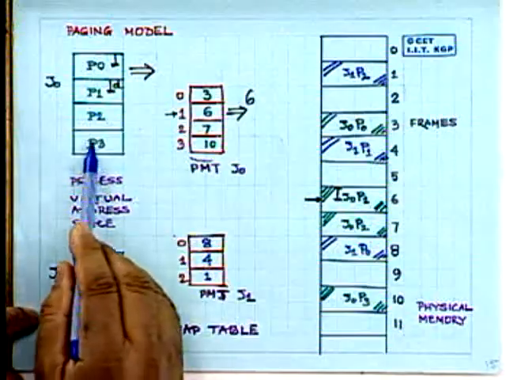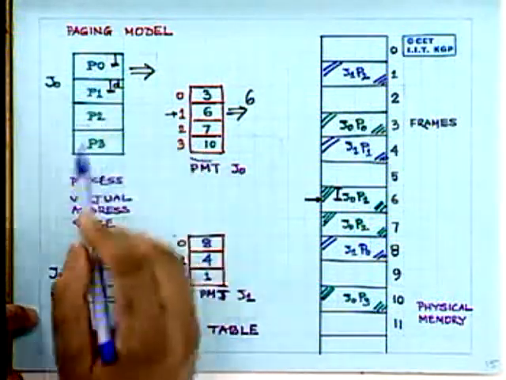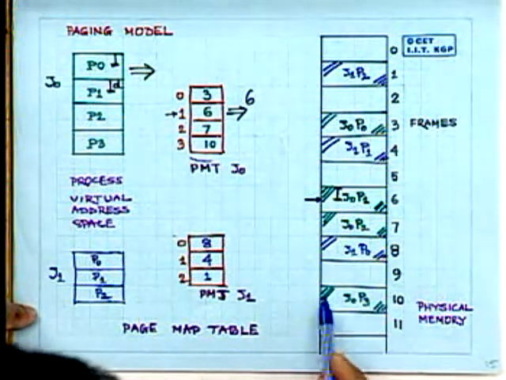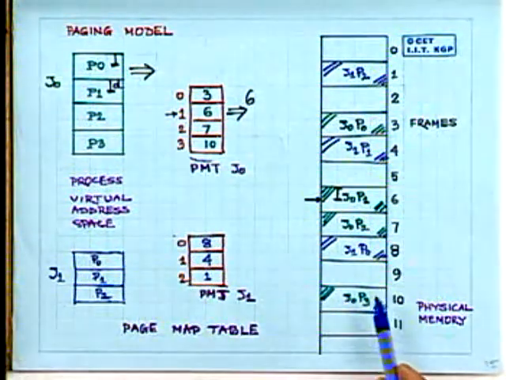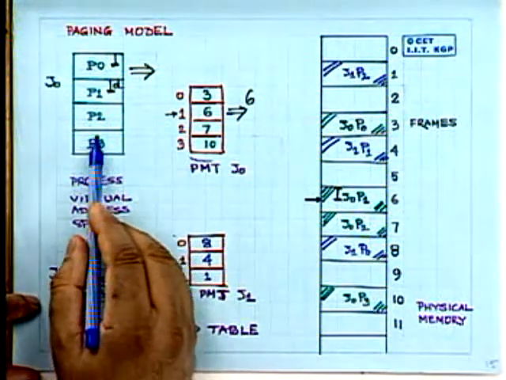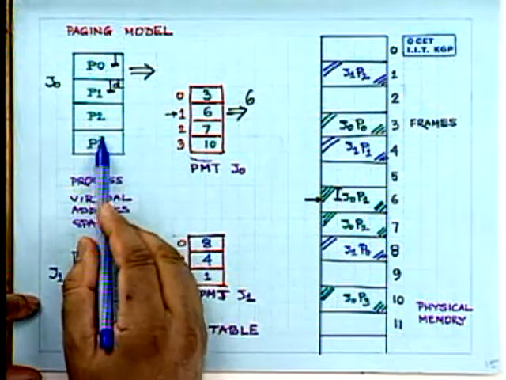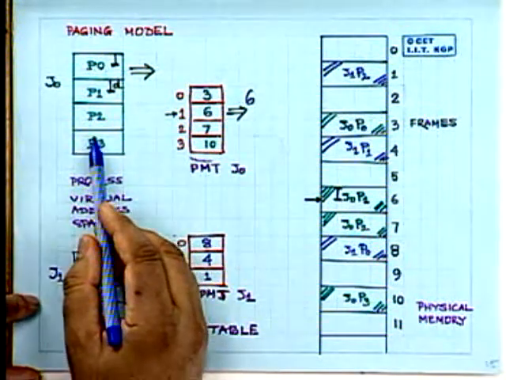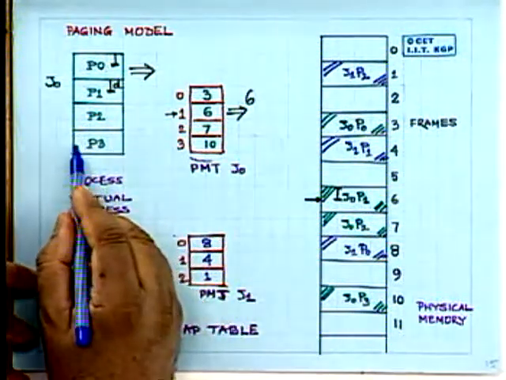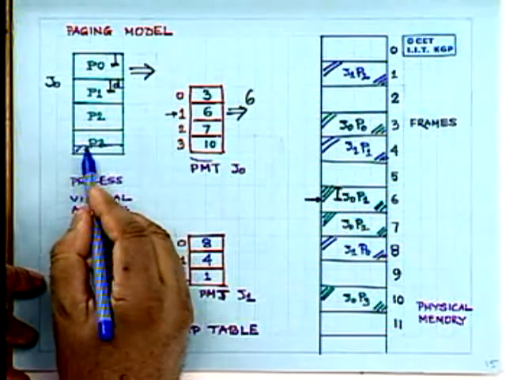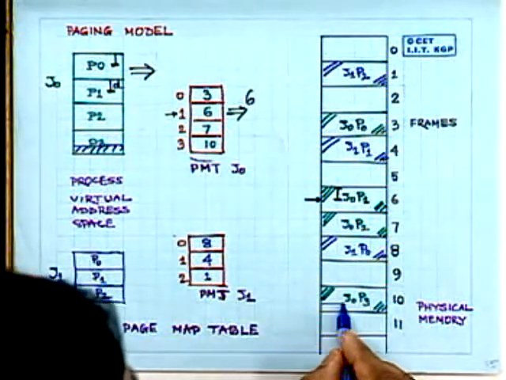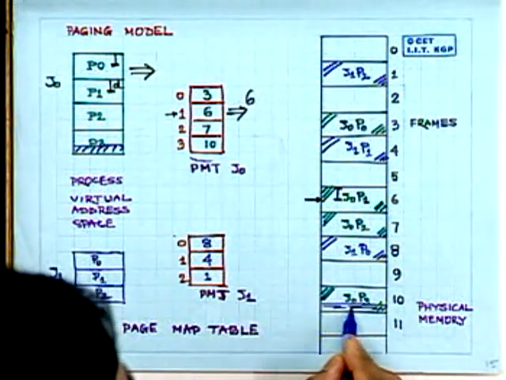For this job J0, P3 is the last page. I have assumed here that P3 has occupied the entire frame, but naturally it will not be occupying the entire frame. If it's a 4K page, the last page can be anything starting from, say, 1 byte up to 4K. If P3 is not full, then frame 10 will not be full either, and these portions will be empty.